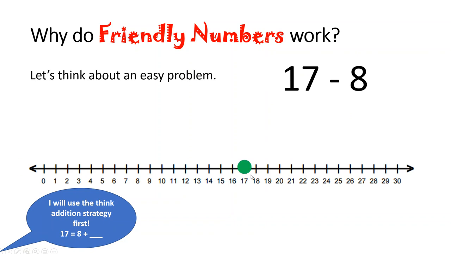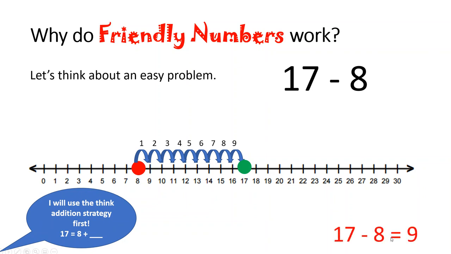So I put my 17 and I have 8. 8 plus what equals 17. And I'm going to think addition and I'm counting up. And I have 9. There is 9 spots between the 8 and the 17. So 17 minus 8 is 9. I check it. 9 plus 8 is 17.